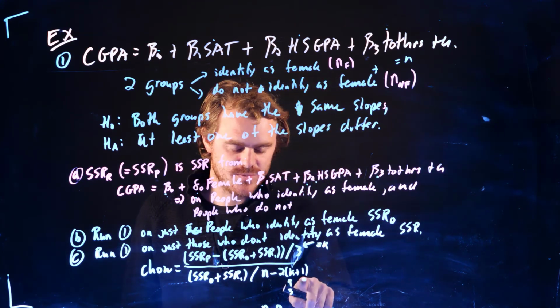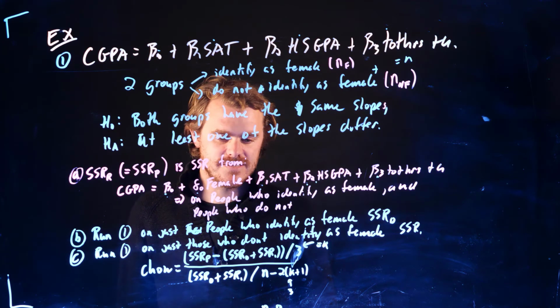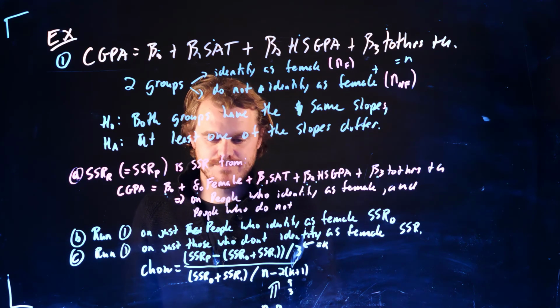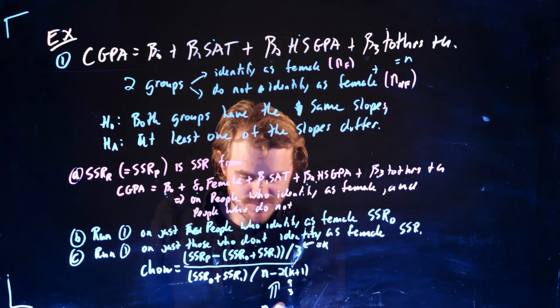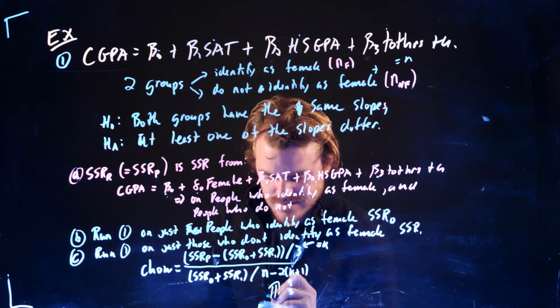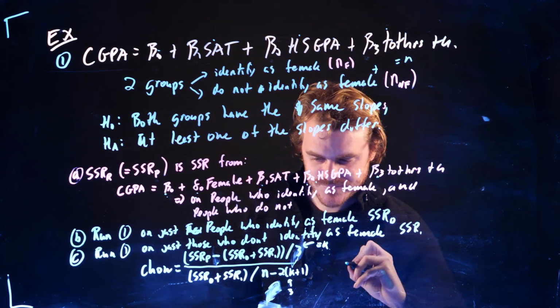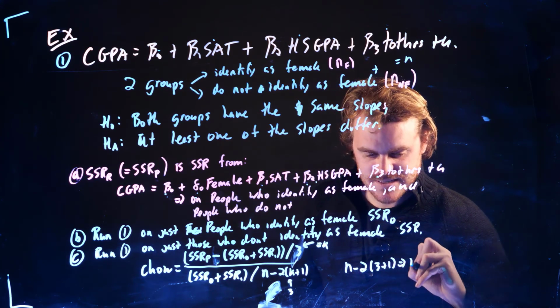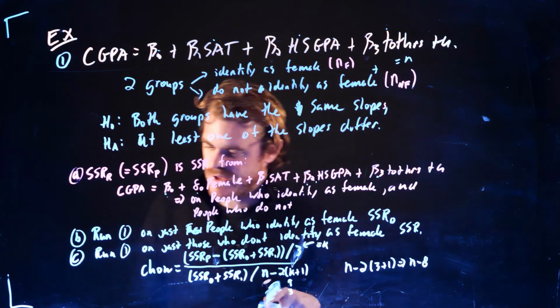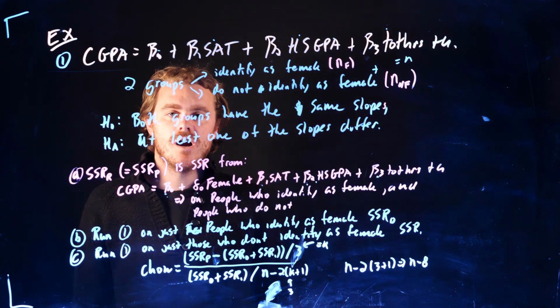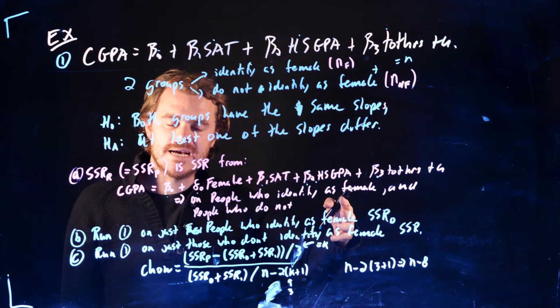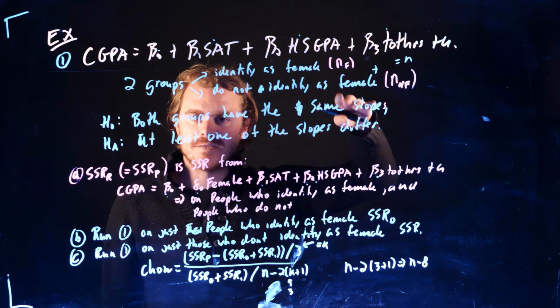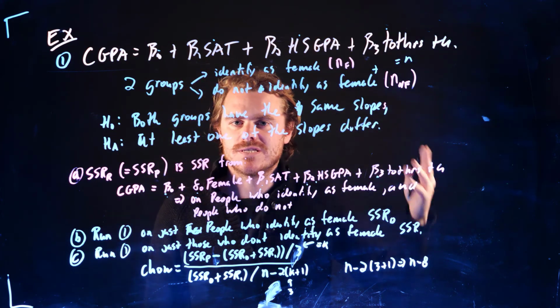So 3 plus 1 in there, n minus 8 is the number of degrees of freedom. Sorry, it's probably off the screen at the bottom. All right, so here's an example of running a Chow test where we're allowing the intercept to be different, but we're testing whether all the slopes are the same.